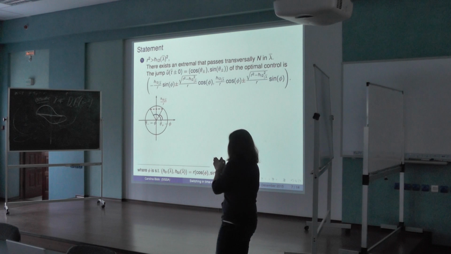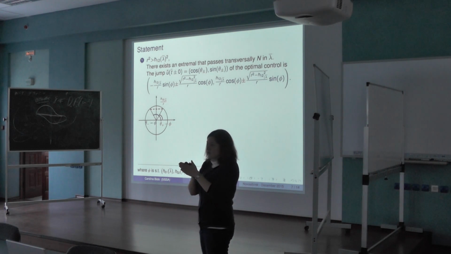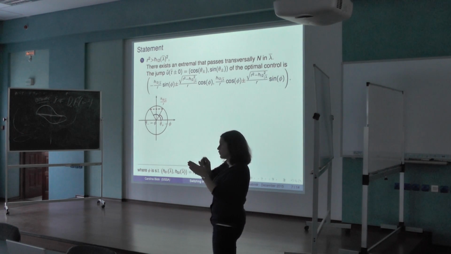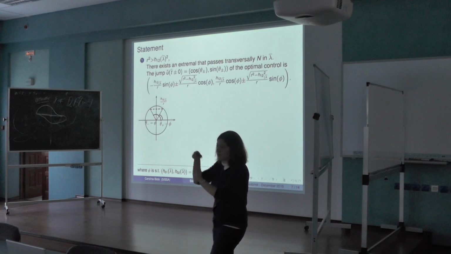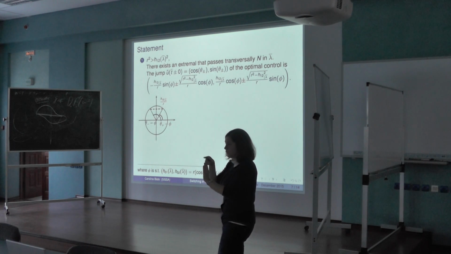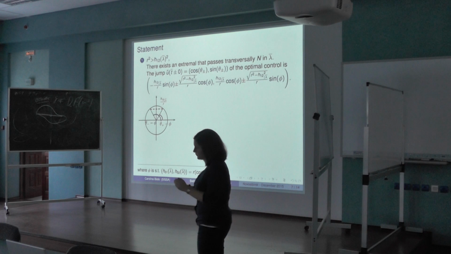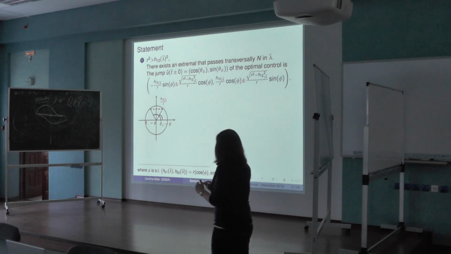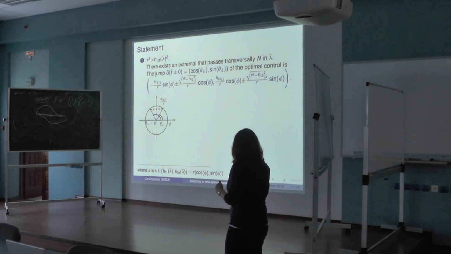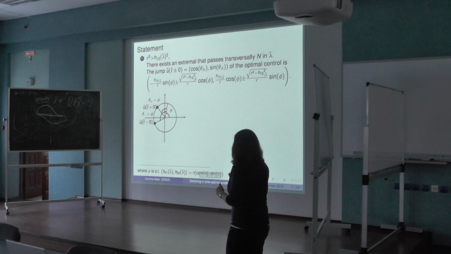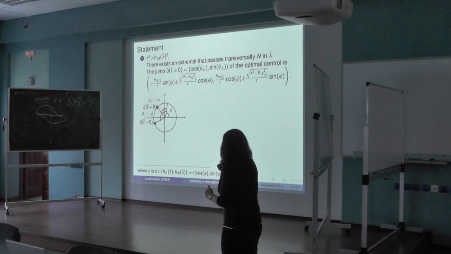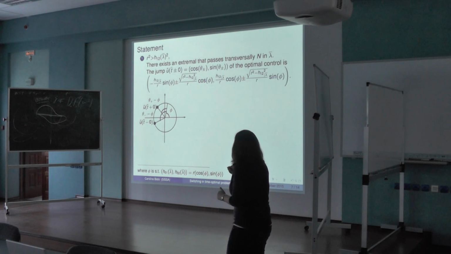And we can say that in this case we don't have switching, and the control is continuous almost everywhere, and so we can say that our trajectory is C1. I wanted to show you that it is easy to calculate the jump.